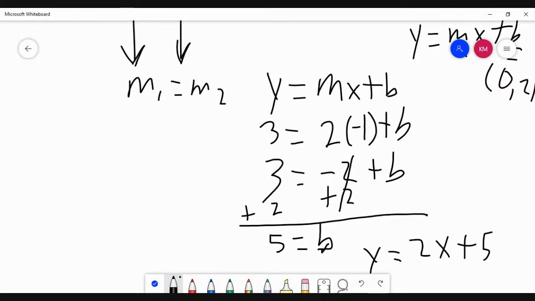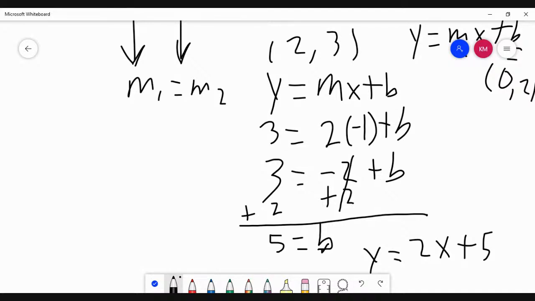Now, what if I'm still looking for a parallel line, but my point is, better yet, not even negative. What if it's positive 2, 3?